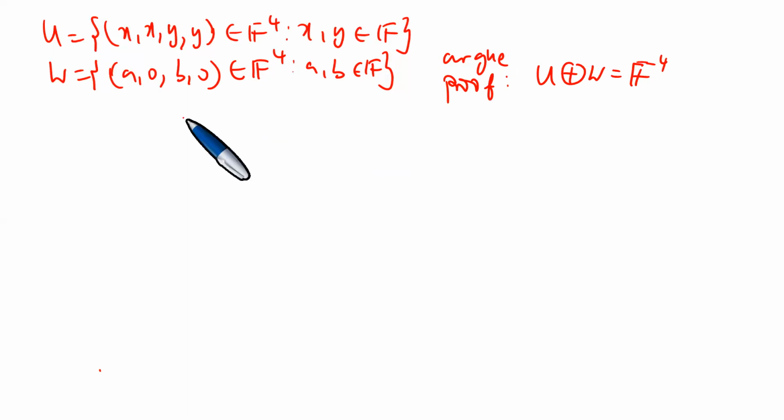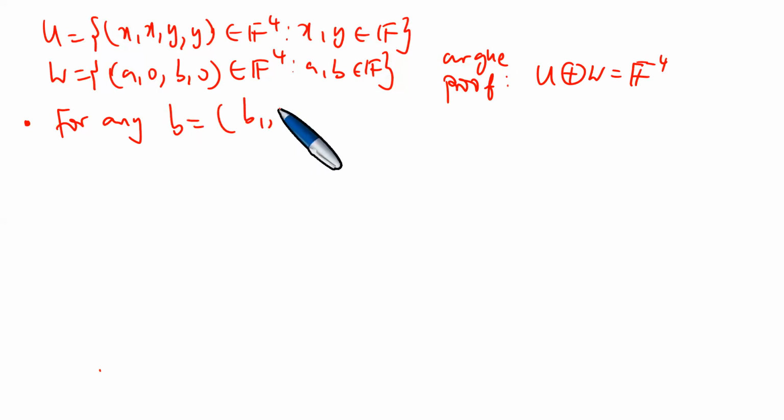How do we go about showing this? First and foremost, it is a sum here. Point number one, for us to do that, we take a member of F4, some vector b, call it b1, b2, b3, b4.